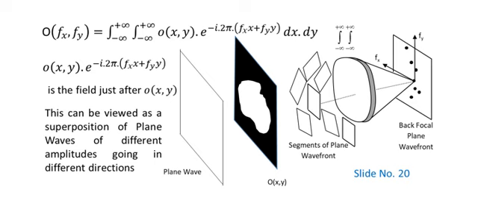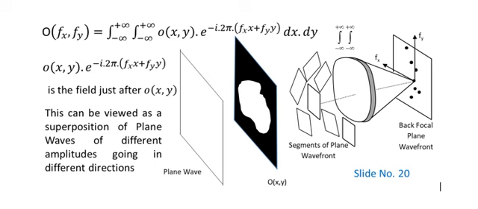In this integral, recall that o of x y multiplied by its phase vector e to the power minus i 2 pi (fx x plus fy y) is the field just after the object o. This double integration is performed by the lens.